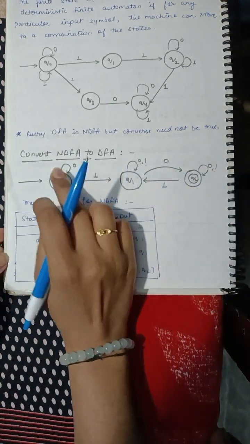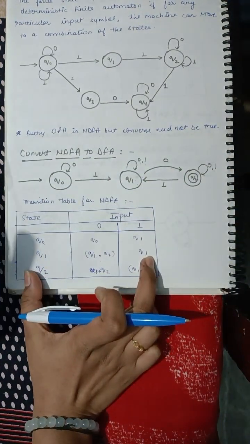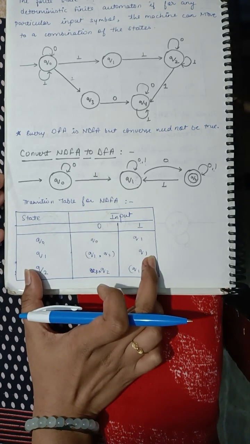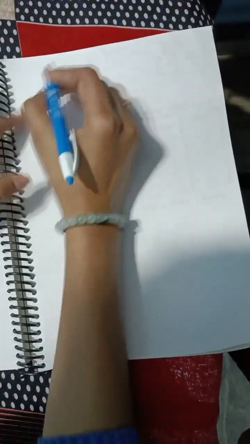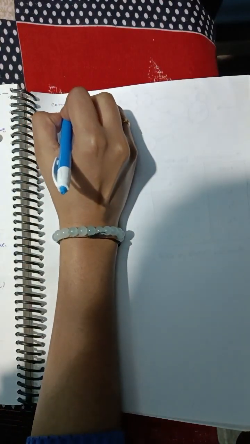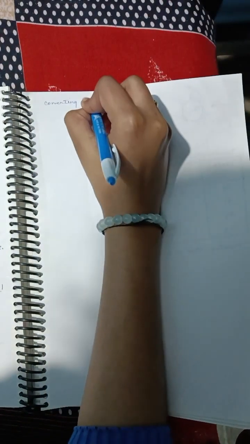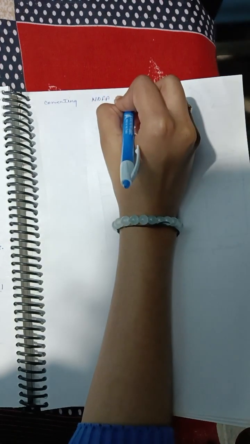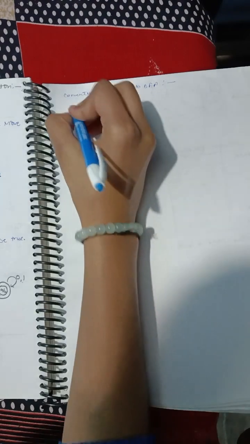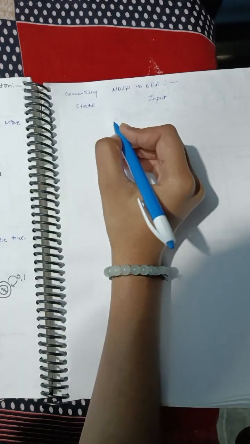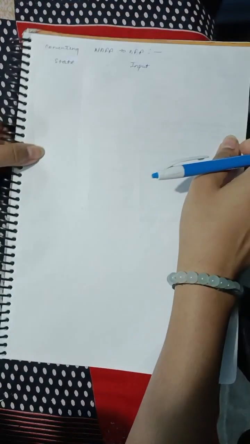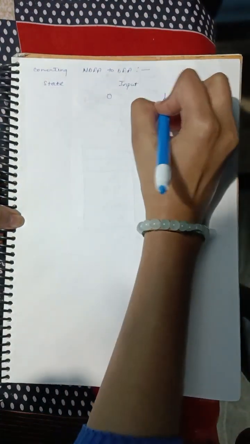Now, this is the table for the non-deterministic automaton, and for converting it into the DFA table it is as follows: state, input, that is 0, 1.